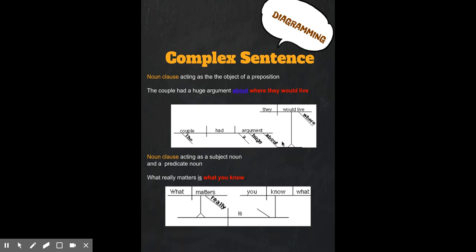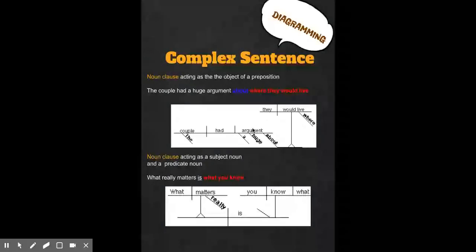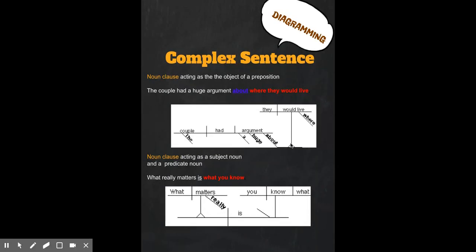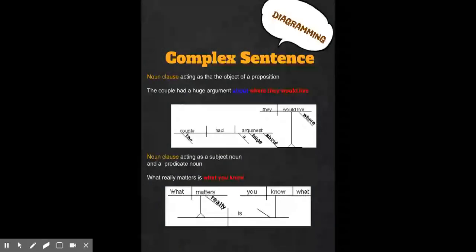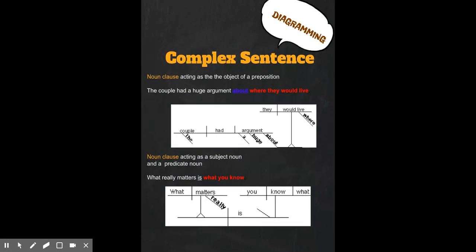So a prepositional phrase is modifying or describing the argument. About, and what's being used as the object of the preposition as a single noun is this phrase: where they would live. And where is modifying would live. And it's also being used as a subordinate conjunction. Ooh, it does two jobs.